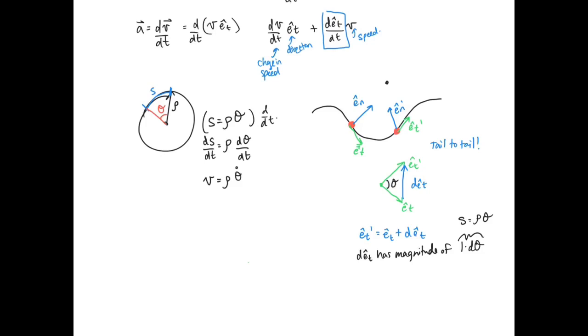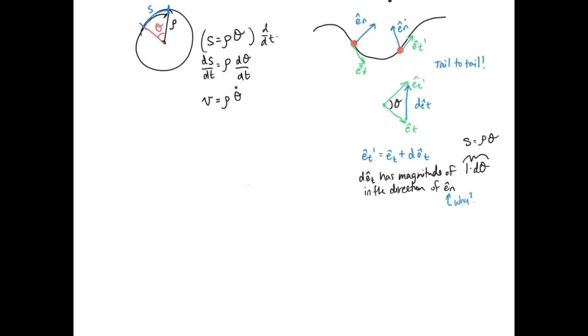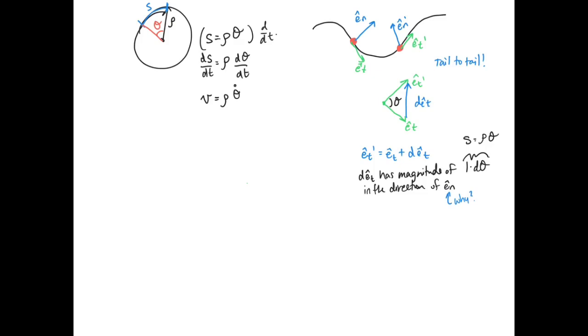And it is in the direction of En. I'm going to move this up just a little bit. So now we can say, I'm going to move over here, we have DET with respect to time is equal to d theta over dt in the En direction.